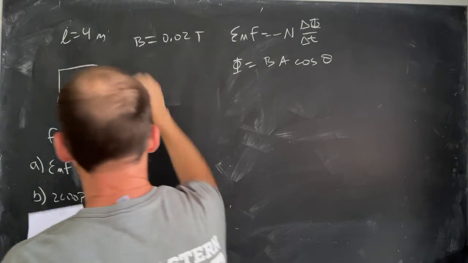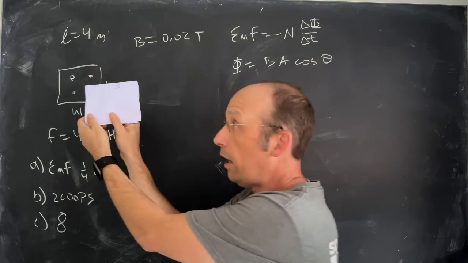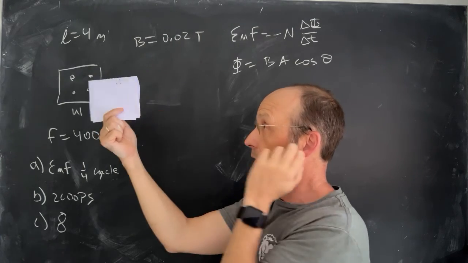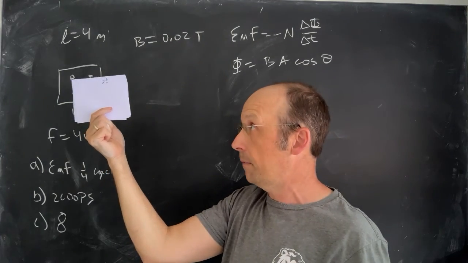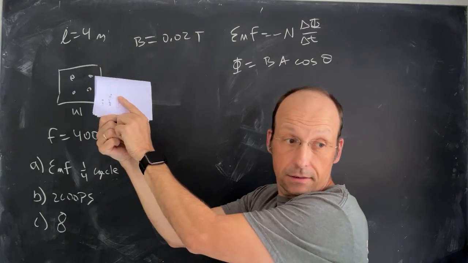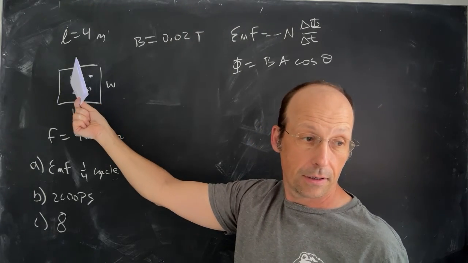So this is my magnetic field. One full rotation would be all the way around like that. A half rotation would be like this, and a quarter rotation would be easy. It's just going from here to there.